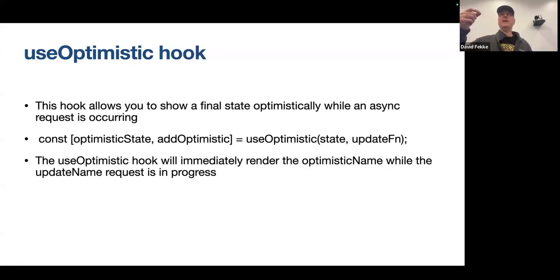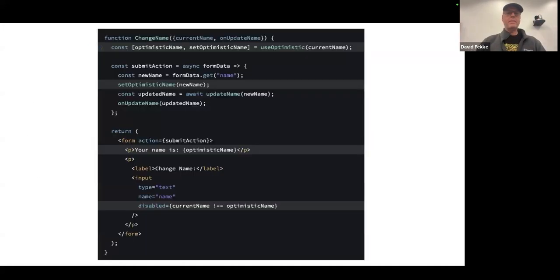So what you can do is say, okay, this is what this should be once this function finishes running, and then once it's complete, you can update it. This allows you to start setting values before you've gotten the update back from the server. So it allows you to immediately render things while you may have a process running asynchronously.